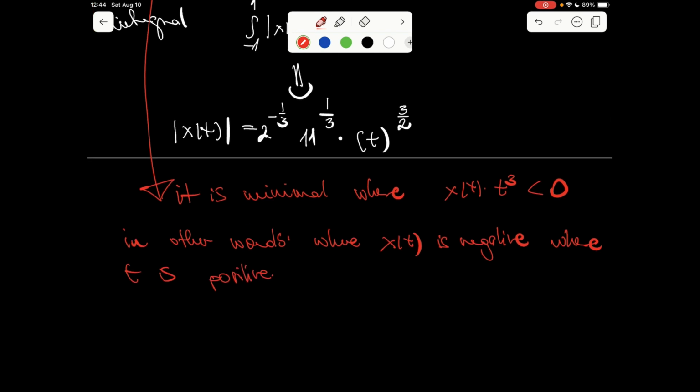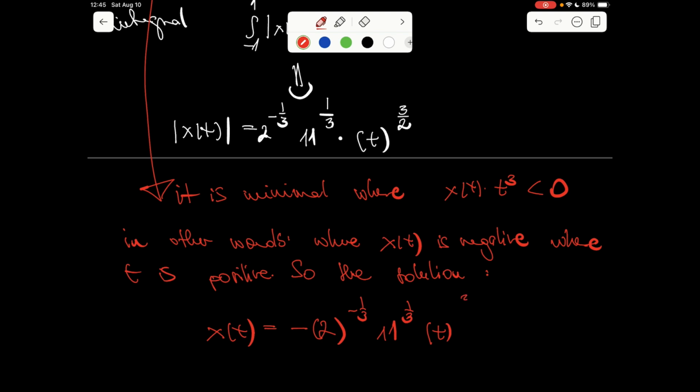So, the solution, oh geez, this is an absolute value.